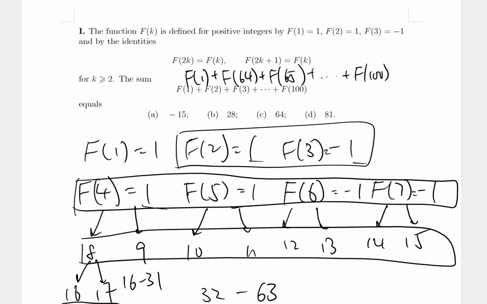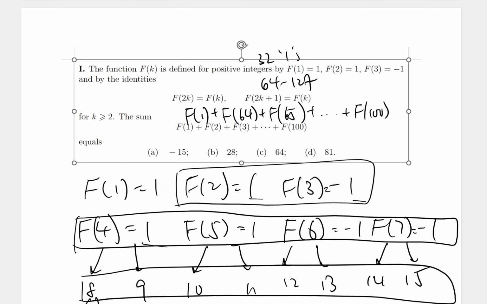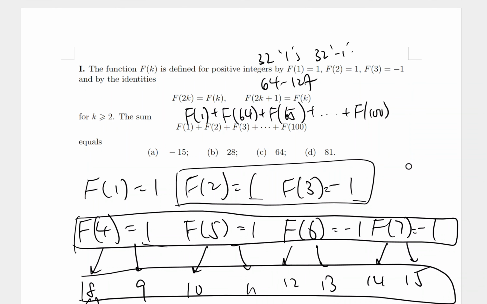Okay, so in that case, we have to figure out where the 1s end. So for the group 64 to, well, technically the group is 64 to 127, right? So how many 1s would there be? Let's think about that. From 64 to 127, there should be 32 1s. Okay, there we go. 32 1s and 32 minus 1s, right?